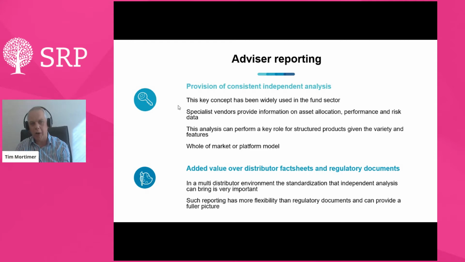And then, how are you providing this analysis? Are you doing it whole of market, which means you provide the same analysis across different providers, or is it something that's going on a platform which may be a restricted set of providers?